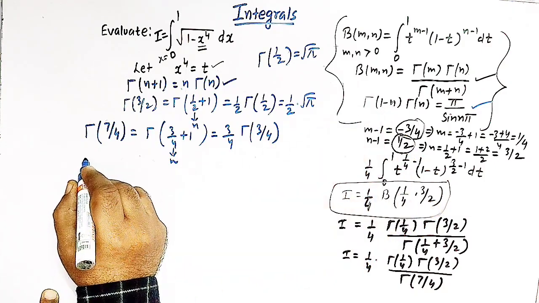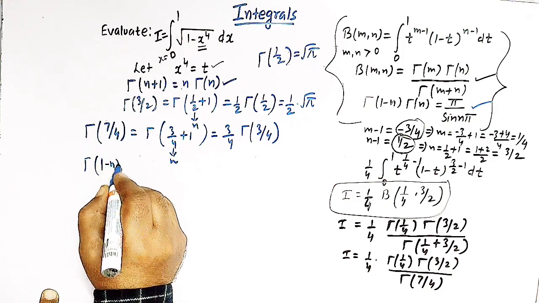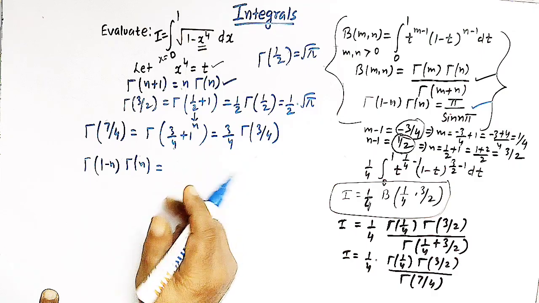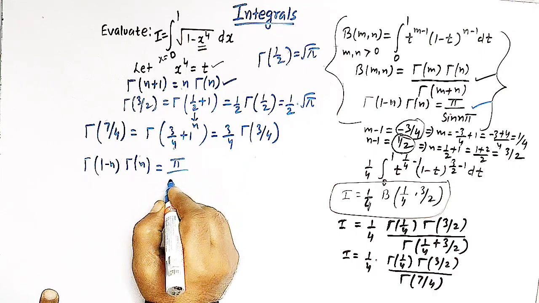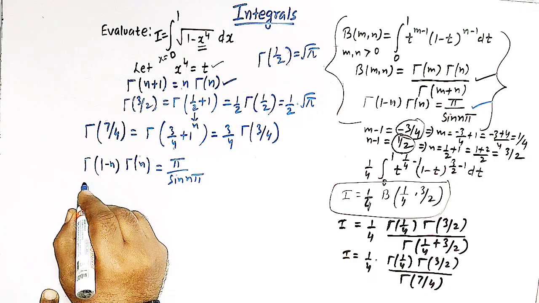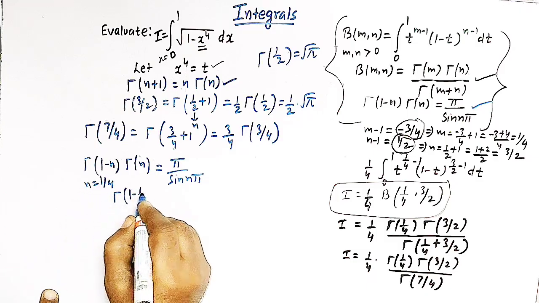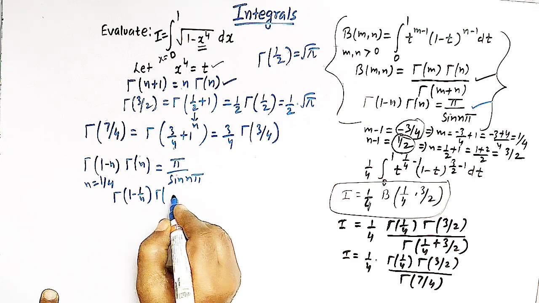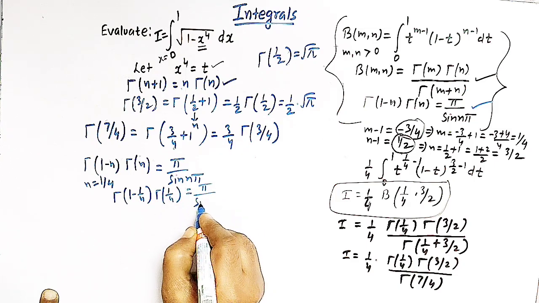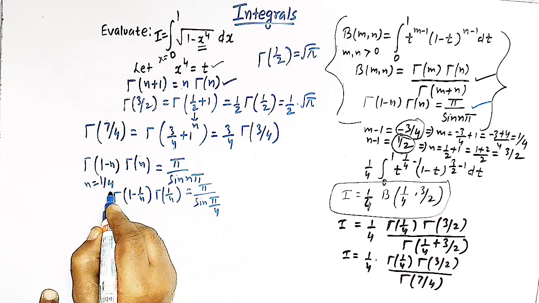So the Euler's reflection formula is gamma 1 minus n gamma n is equal to pi over sine n pi. So let us substitute here for n 1 over 4. So gamma 1 minus 1 over 4, then we have gamma 1 over 4, then we have pi divided by sine pi over 4, because n is 1 over 4.